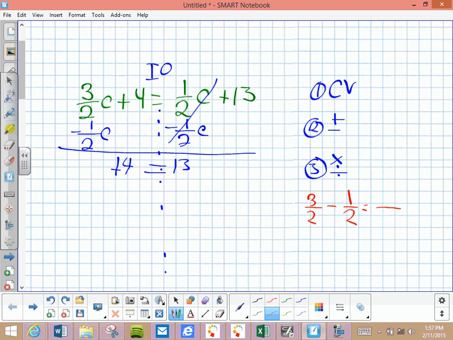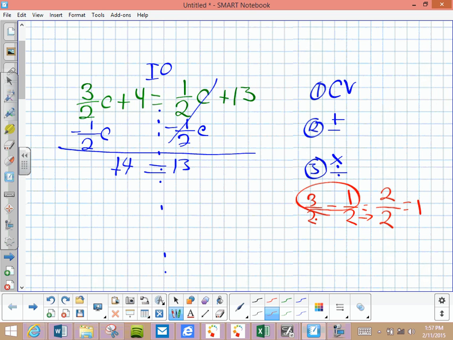Well, we know that if the denominators are the same, then we just move them over, and then we worry about this. What is 3 minus 1? The bottom one, we don't do anything because we're not multiplying them. They're the same, right? They're the same denominator, so we keep it as they are. So we get 2 over 2, which equals what? 1.